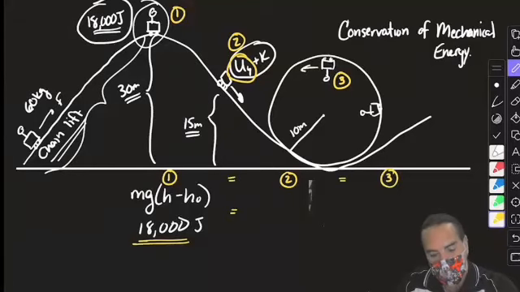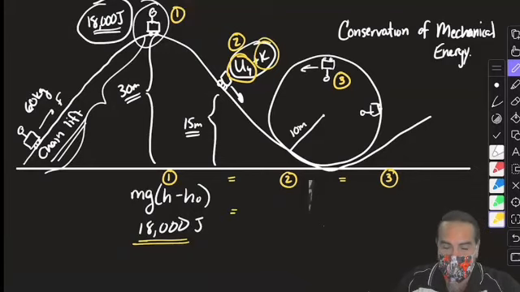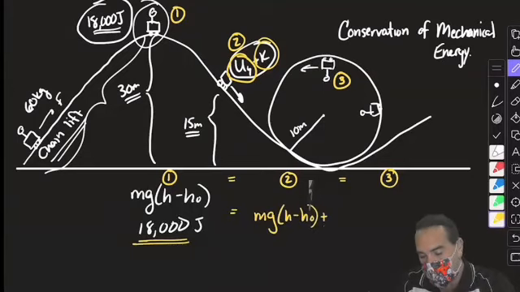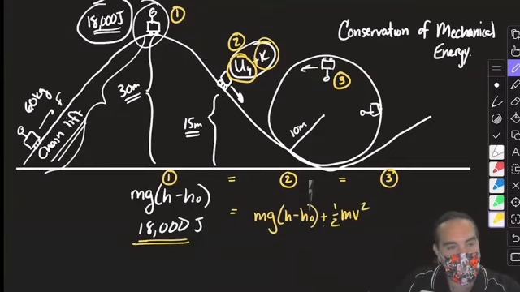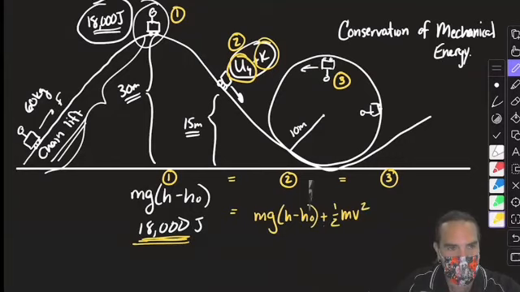If I am, then I've probably got kinetic energy too. So at state 2, I should have a little bit of gravitational potential energy and a little bit of kinetic energy, but it all has to equal the amount of energy I had at state 1.